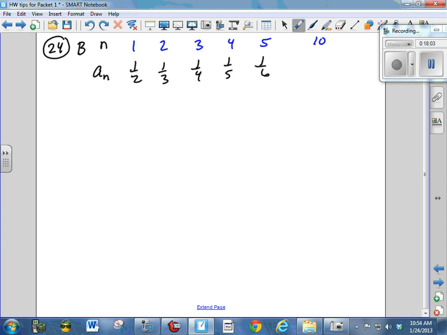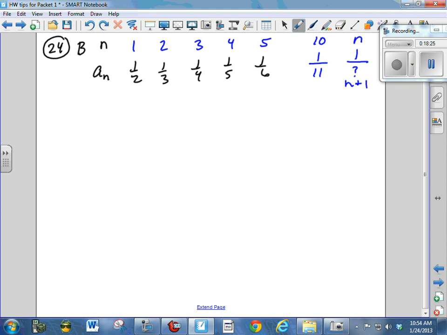Term number 10 would be 1 over 11. So what would term number n be? 1 over what? n plus 1. Okay, so my rule is just that for every n, the term is 1 over n plus 1.